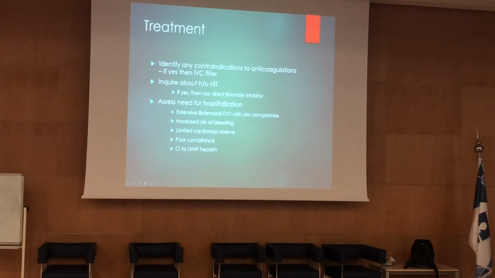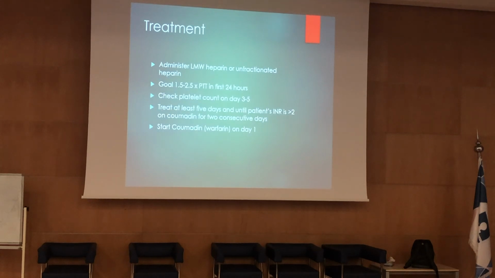If those items are there, you need to admit the patient to the hospital. Now you have a case of DVT, for example. Should all cases of DVT be admitted? Not all of them. If they are well educated, give them anticoagulation and they can go home. But if they have a problem, like deoxygenation or extensive DVT, yes, we need to admit them to the hospital.